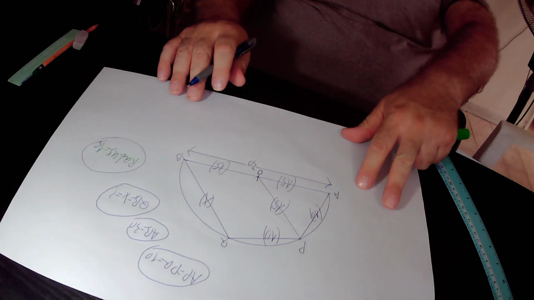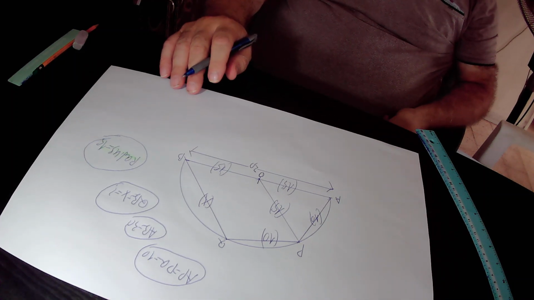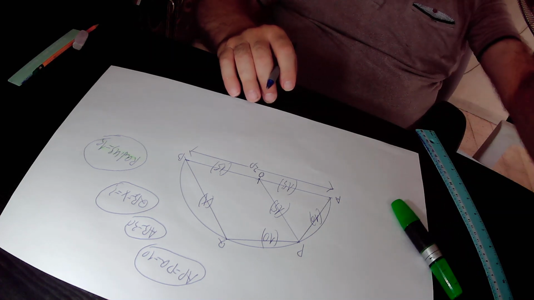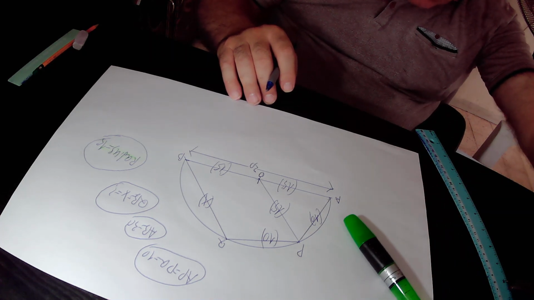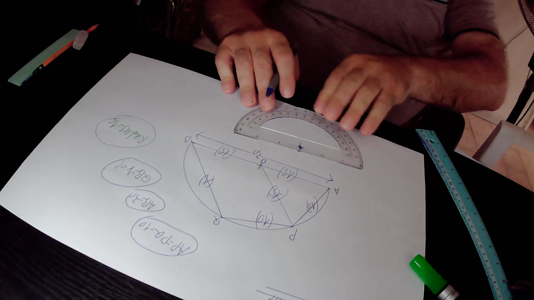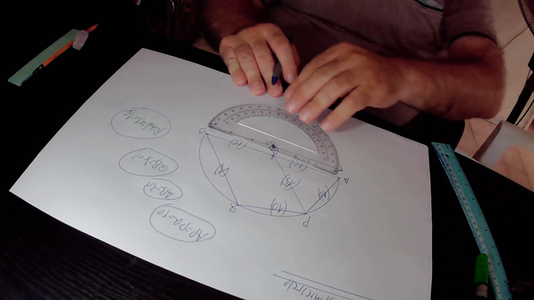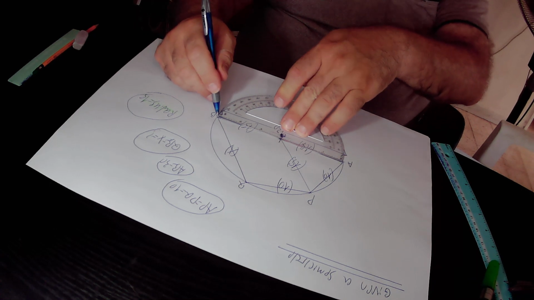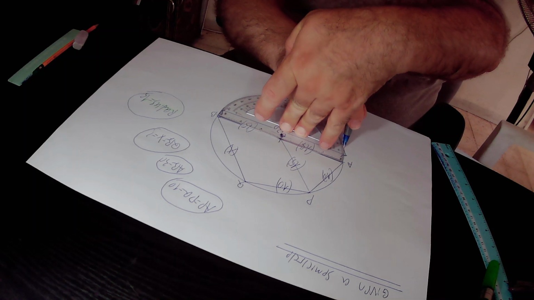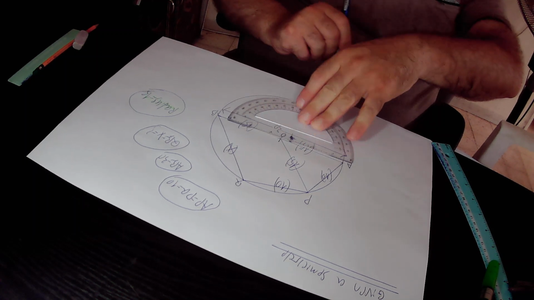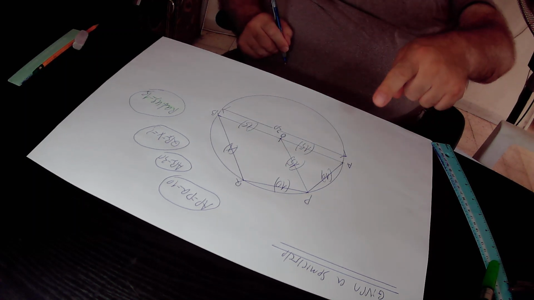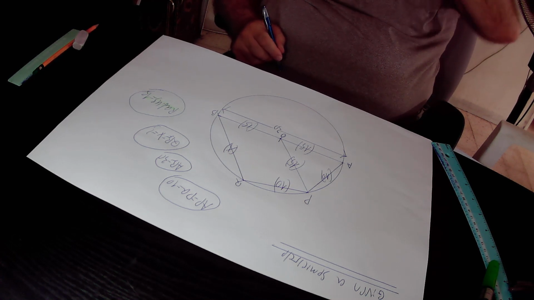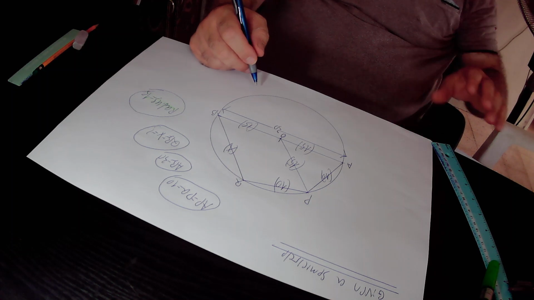In the next step, we will complete this semicircle to a circle. And we will extend the radius PO by a straight line until it touches the circle.